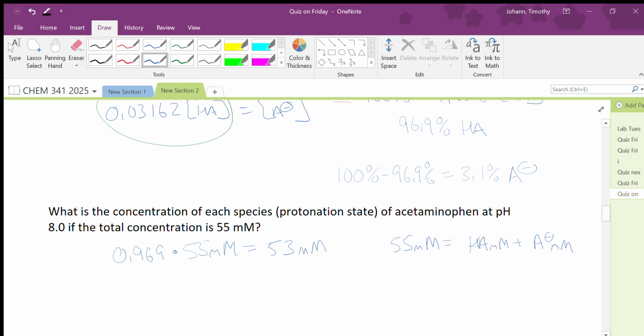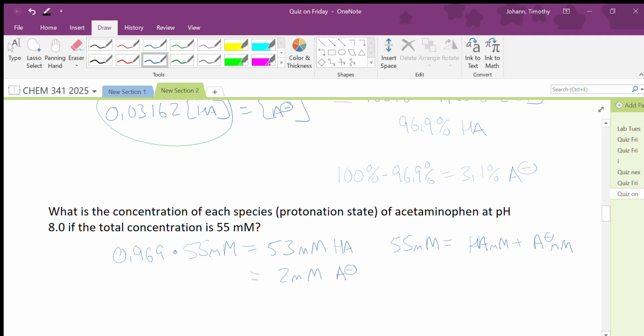It's 52 or 53.295 on my calculator. And that was my HA or my A minus? HA, right? I know that because I remember which percent. I can look at the percent, or I remember my pH is lower, and so I should have more of that one. And so that means that 2 millimolar is going to be equal to my A minus.